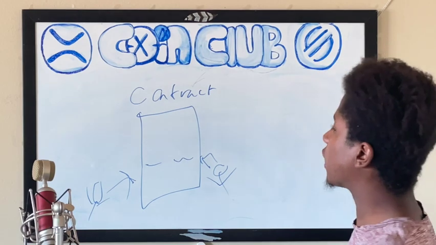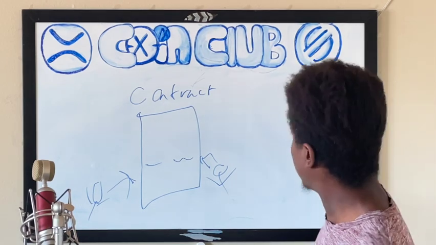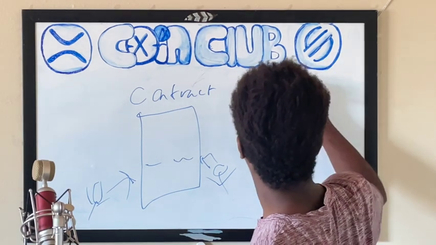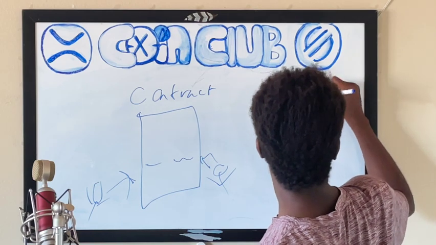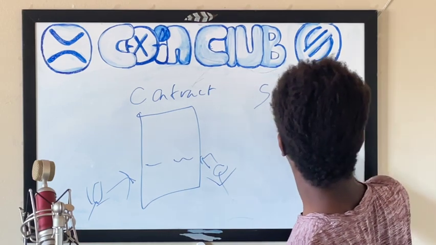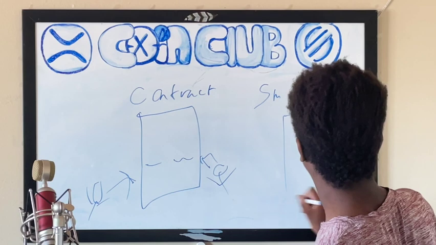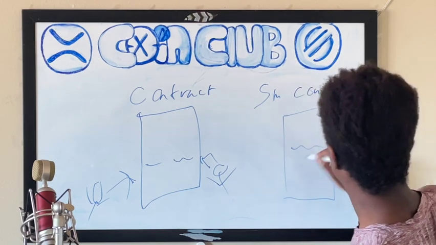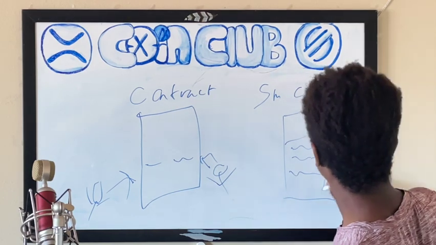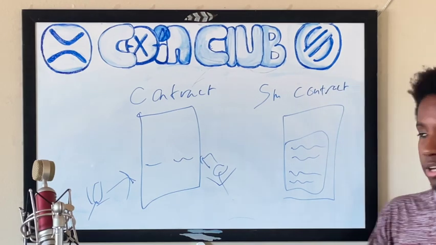Well, what's the difference between a contract and a smart contract? A smart contract, so I'll put SM contract, is a self-signing contract. So this contract will have a little bit of code in it, and it will be self-signing for whatever the execution may be.